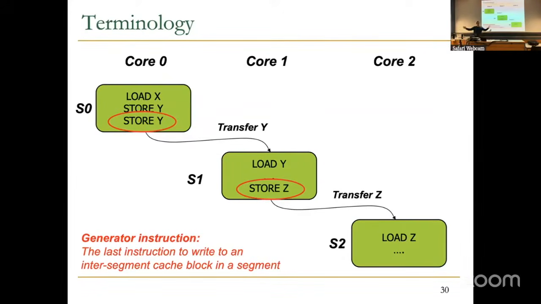You may have if and else structures, and the if part of the program can produce one data with one store instruction, and the else can produce another data with another store instruction. Clearly, when you're executing the program, only one of them will be executed, based on the branch you've taken, right? But there could be multiple generator instructions. Make sense? And that's going to be part of the inaccuracy of the mechanism that we're going to discuss soon.